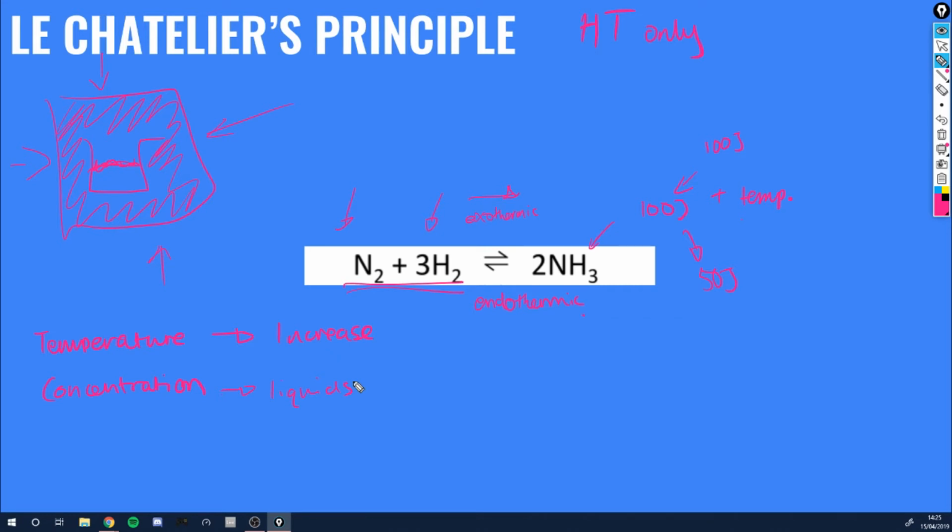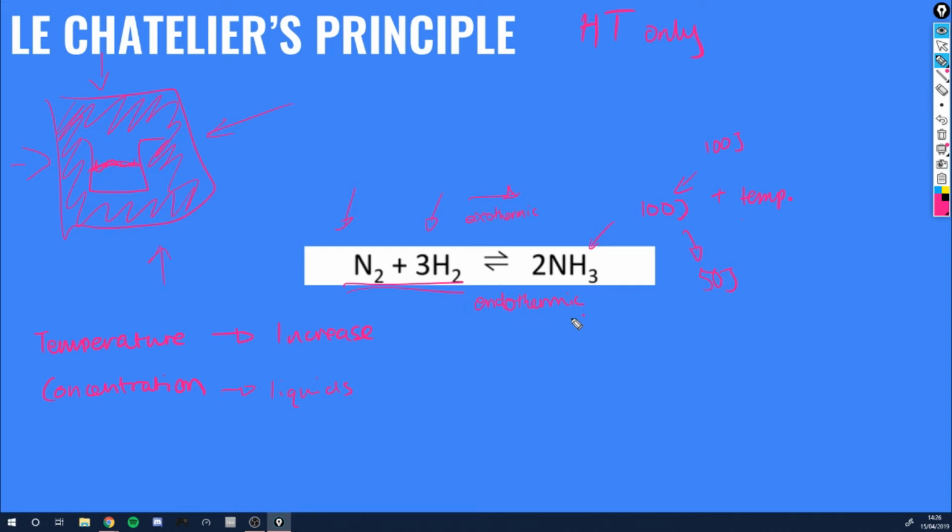So if you increase the concentration in the reactants, the outcome is there will be more products formed until the equilibrium shifts to fix it again so that the rate of reaction is the same.